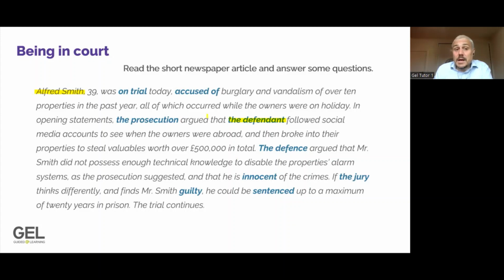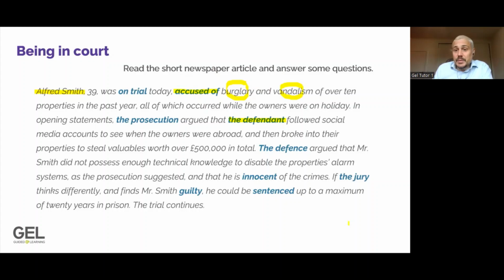Alfred Smith is accused of burglary and vandalism. So burglary or vandalism were the correct answers. If someone is accused of something, it means the police have said you did this crime. We think you committed the crime. That is to accuse someone of something.